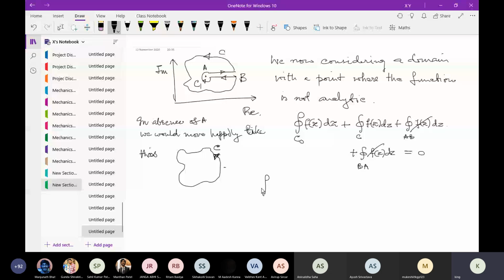we should be getting this f(z) dz should simply come out as equal to this integral only.